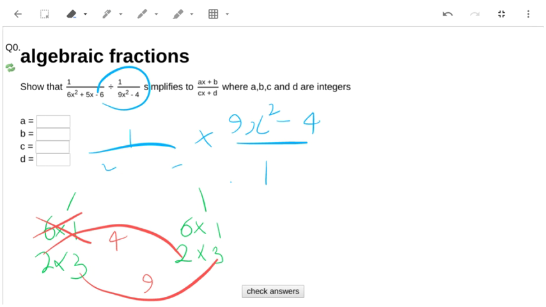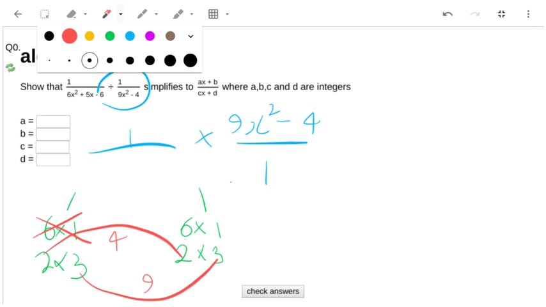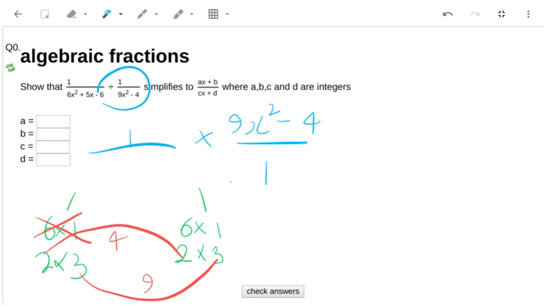So I'm going to try and do that now in the place of the original quadratic. I'm going to have a 2x and a 3x. And the 3x needs to multiply with the other 3, and the 2x needs to multiply with 2. And I need to make plus 5, so I'm going to have a plus 3 and a minus 2.